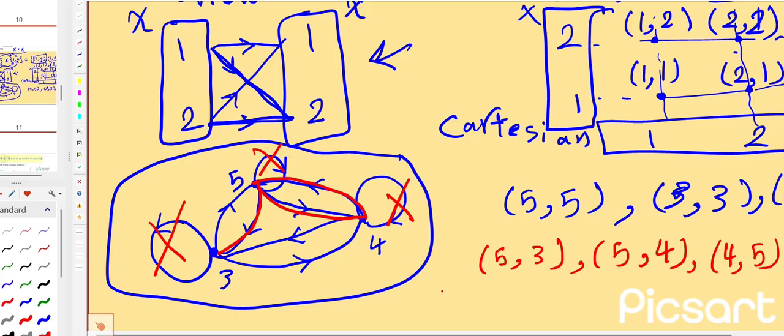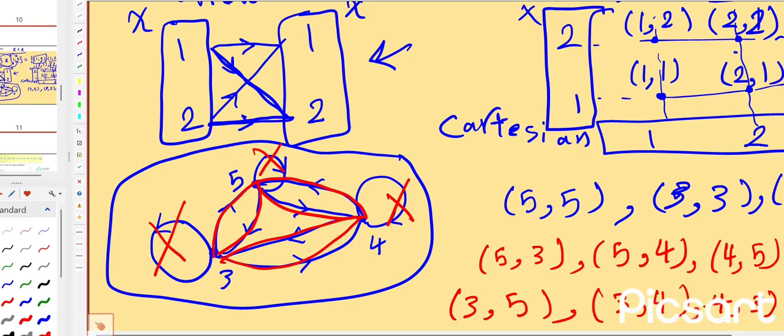Yes, just a second, I feel like that's not true. 4 and 5, we said 4 and 5. 3 and 5. 3 and 4. Wait, this is 3 and 4. And then 4 and 3. 4 and 3.